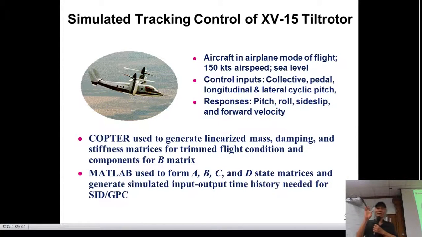Now, the problem of this design is that when you lift off and then try to fly like an airplane, you have to rotate those propellers. And when you rotate those propellers, it becomes an unstable system, and that's no good, because the aircraft can crash.